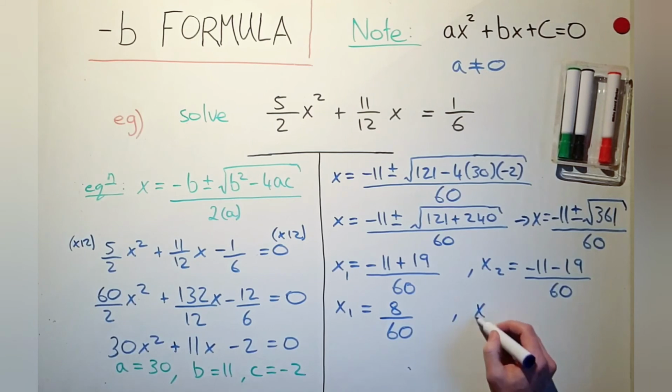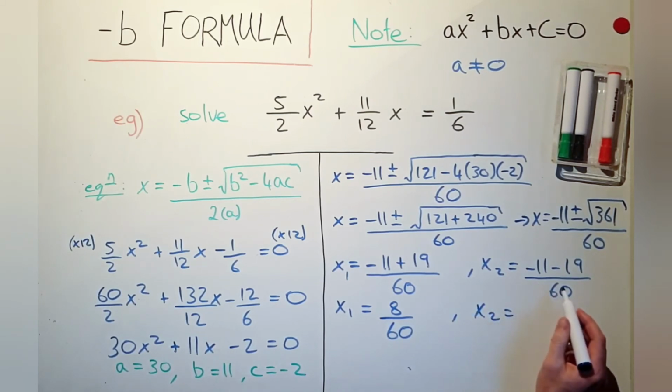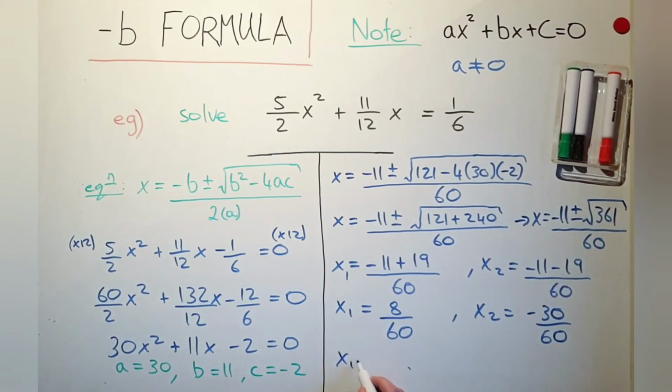And then we have x2, minus 11 minus 19 is minus 30 over 60. And then finally, we have a final x1 value, which is going to be 2 over 15. And then our x2 value is going to be minus a half.